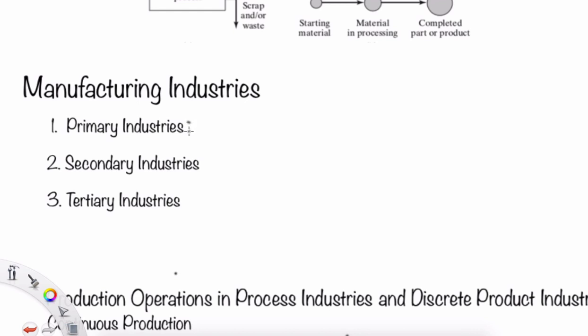Primary industries are the industries that cultivate and exploit natural resources directly. For example, agriculture, or mining, or petroleum.